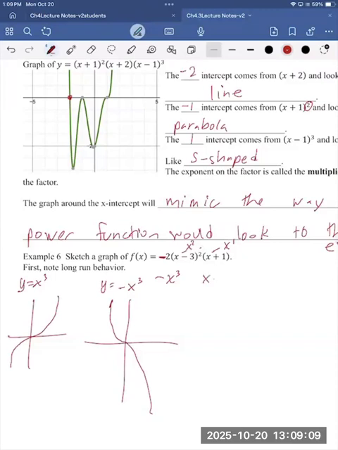I set each factor equal to 0 here. So we know it's going to hit at x equals 3 right here, and x equals -1 right here.